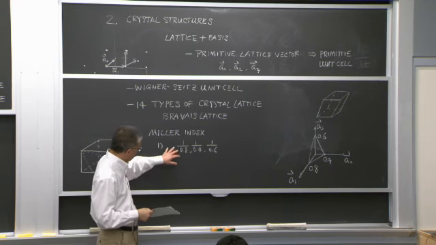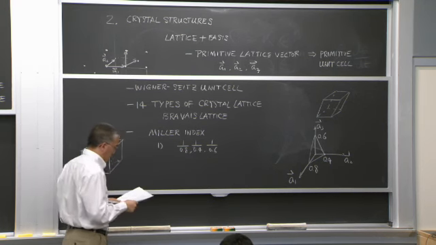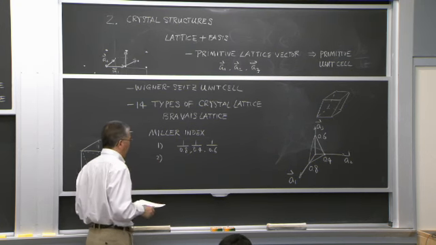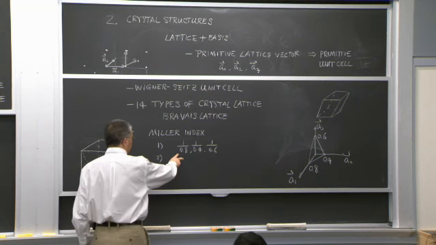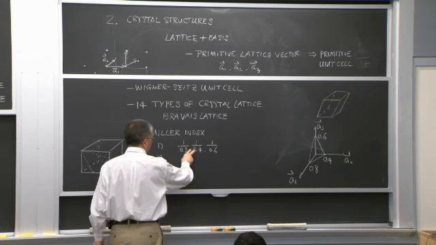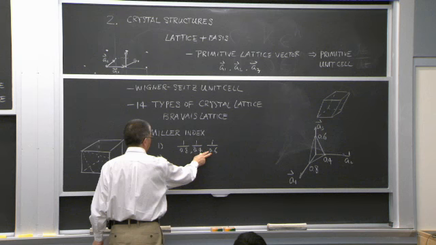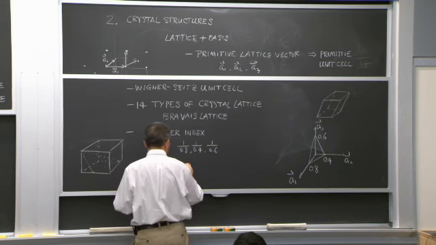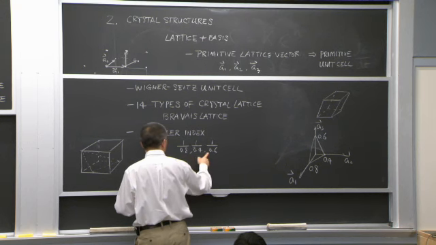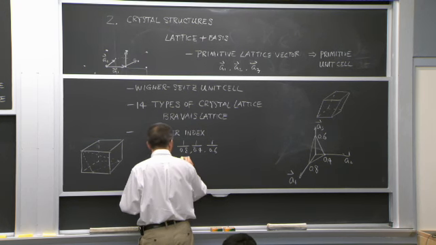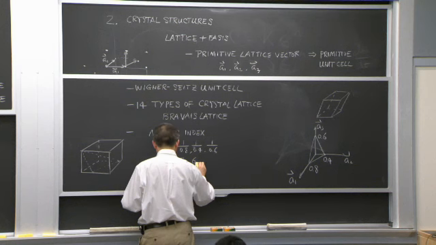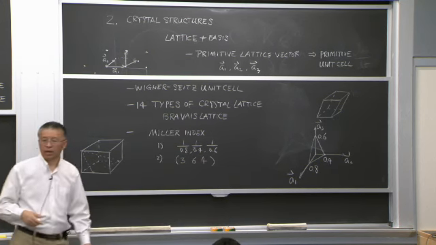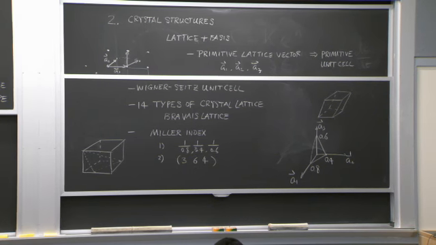You take the inverse of these intercepts, and then you reduce them to integers. You multiply by the common factor, so if I multiply by 2.4, I get 3, 6, 4. So that's the crystallographic plane that we just drew. This is the convention.